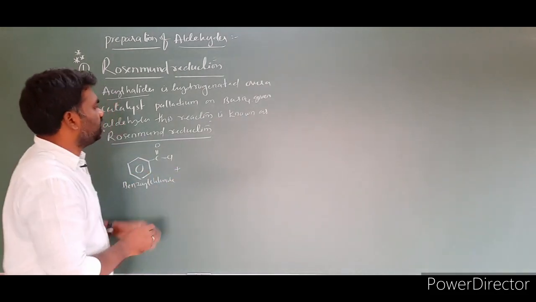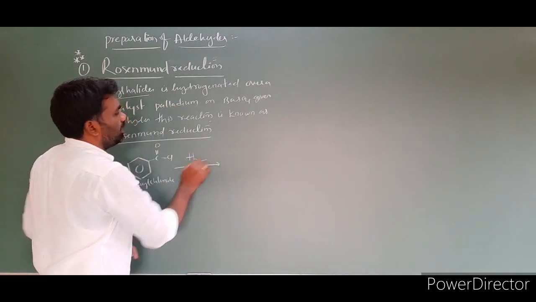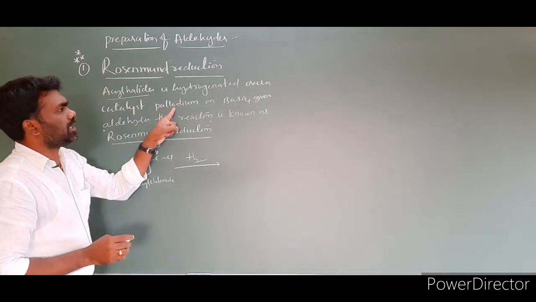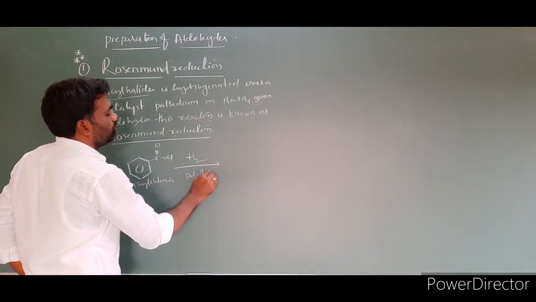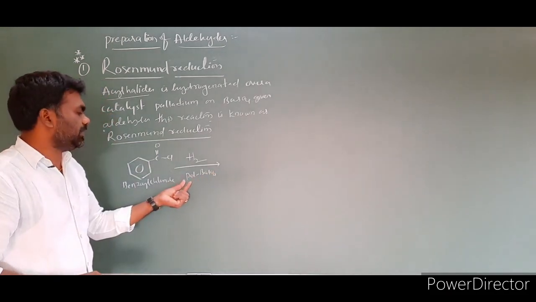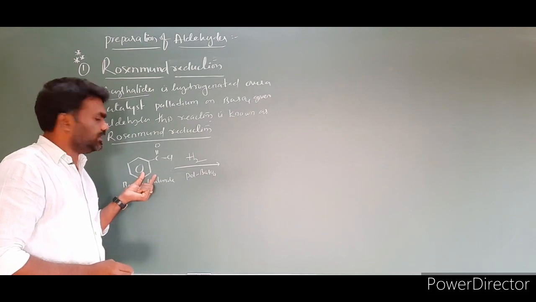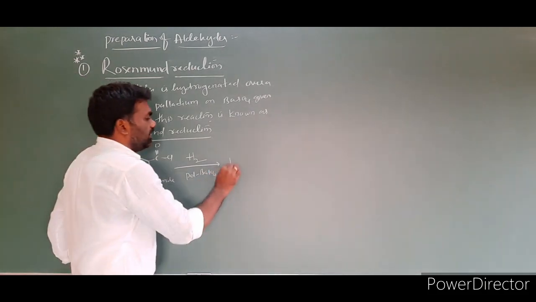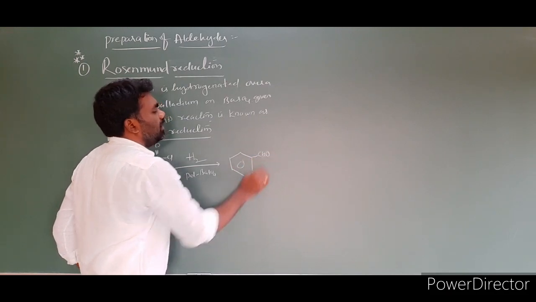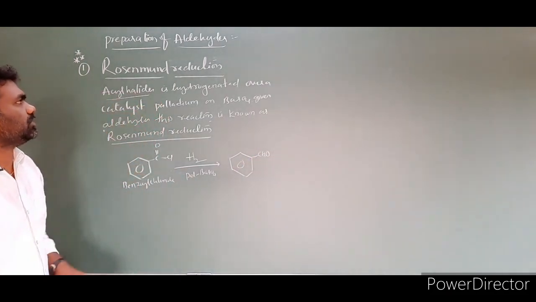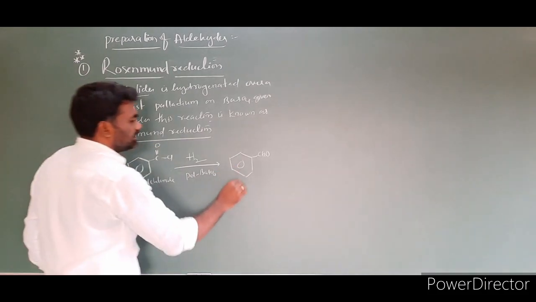This one we have to treat with hydrogenation, we have to add H2, hydrogenation over a catalyst, palladium on barium sulfate, Pd over BaSO4. Palladium is the catalyst on barium sulfate. We add a hydrogen molecule to this benzoyl chloride. Then the product is an aldehyde. This reaction is called Rosenmund reduction or Rosenmund reaction. So what is the product?